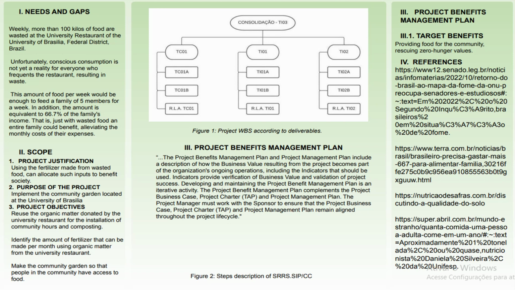So the purpose is to develop a community garden located on the Faculty of Technology of the University of Brasilia. Continuing, the benefits is that we're going to recycle and give a use to the wasted food that there is every week on the University of Brasilia, and the structure of the project that we're going to develop.